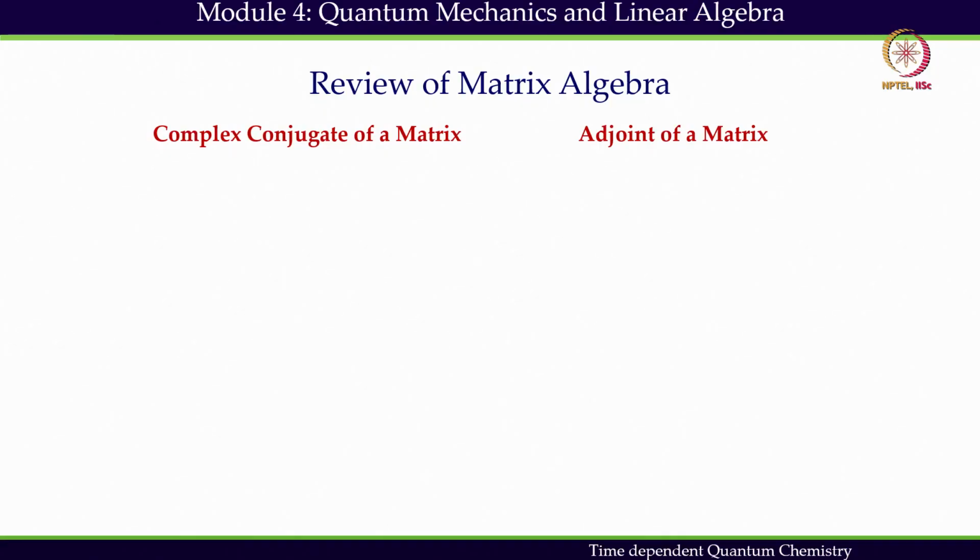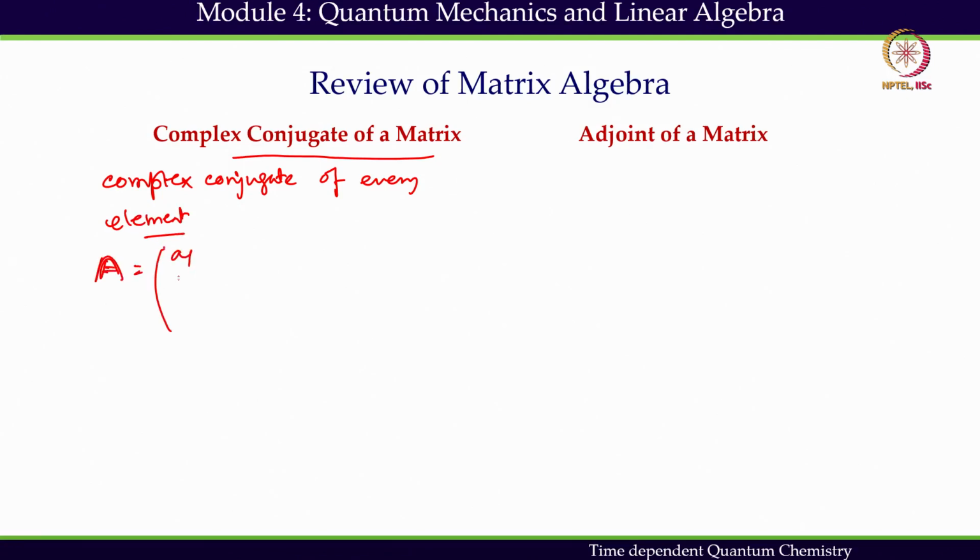The complex conjugate of a matrix is given by taking the complex conjugate of every element, which means that if I have a matrix like this, A1, A2, A3, this is a column matrix which is a vector, then A star is going to be making the complex conjugate of each element.